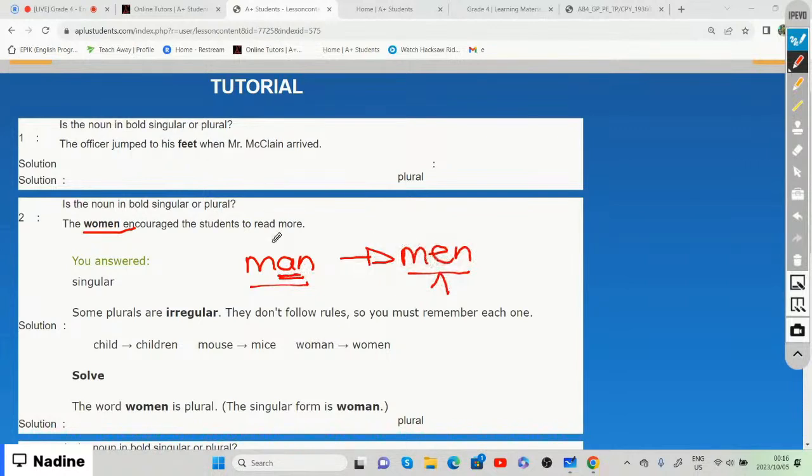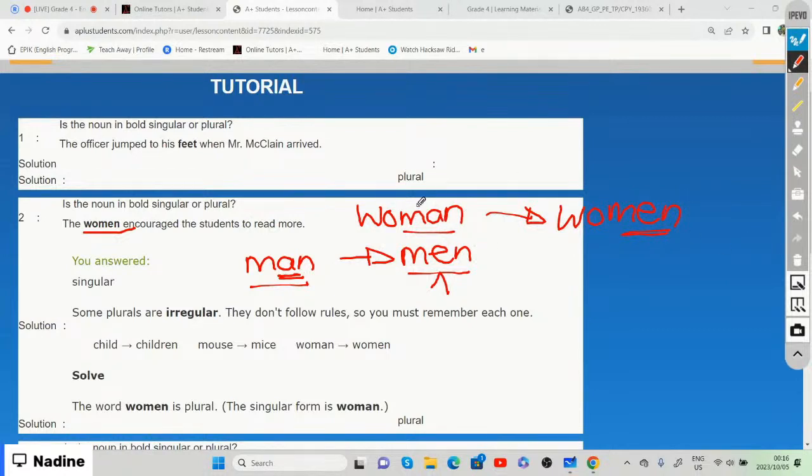So the same with women. Woman refers to one woman, and if we refer to more than one woman, then we say women with an E in. So women with an E in is plural, because the singular form is woman.